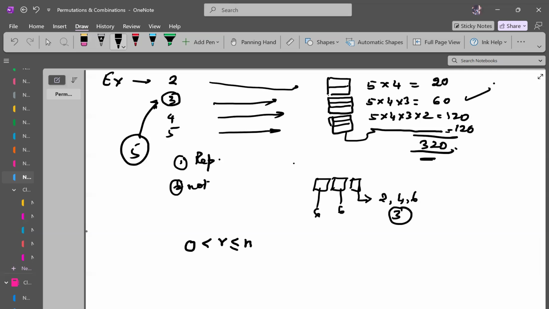And the objects do not repeat. So this is a statement for something which doesn't repeat.